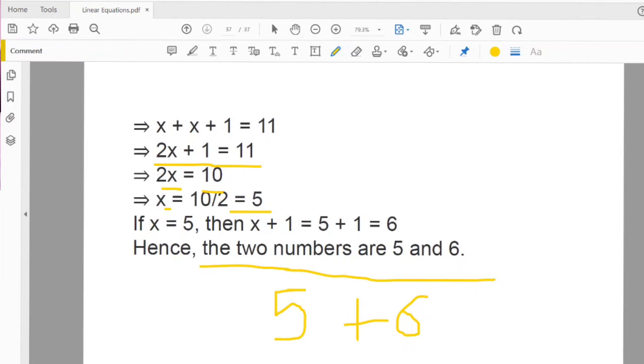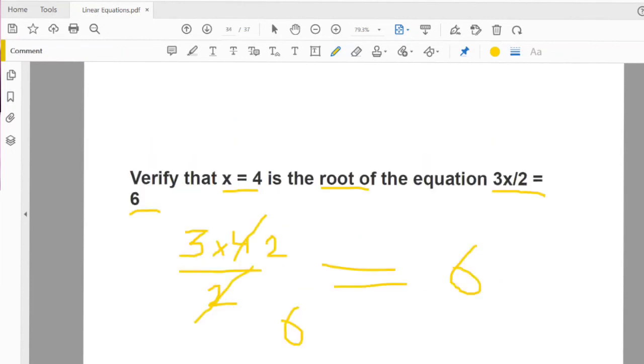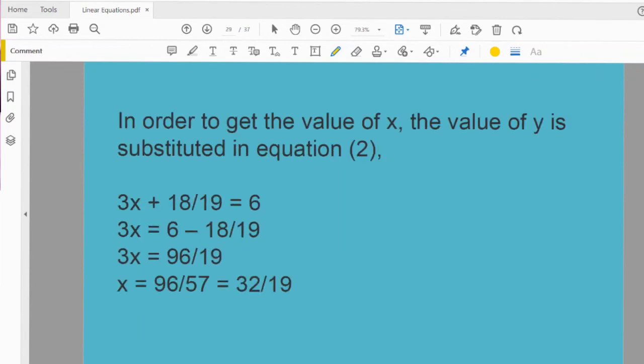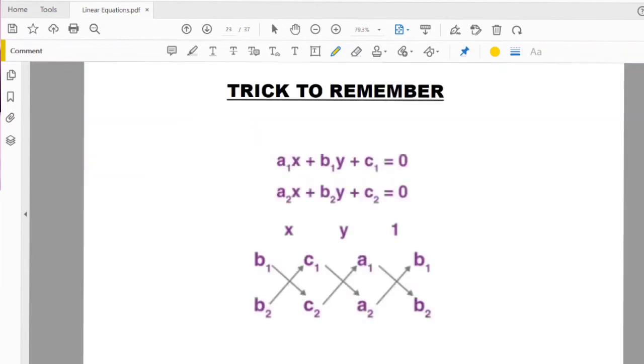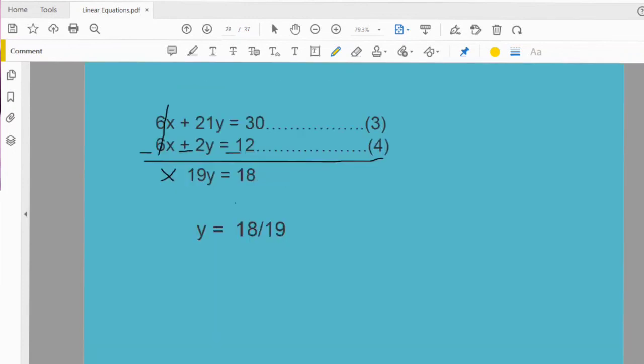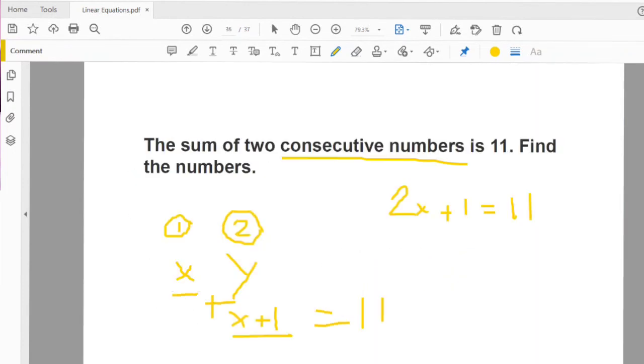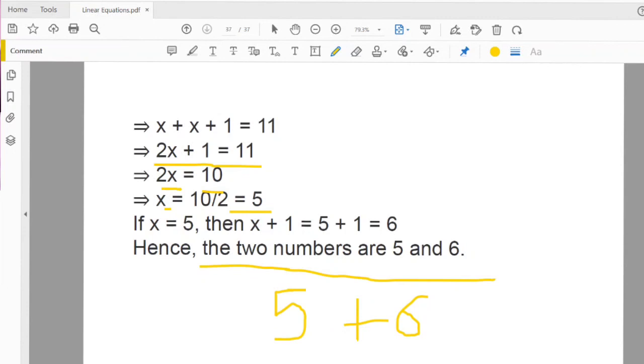You need to save a lot of time, and if you use the tricks that I have told you in between, you're certainly going to grow and solve linear equations as fast as you can. Just focus on accuracy, and don't ever make calculation mistakes. So that is all about linear equations.